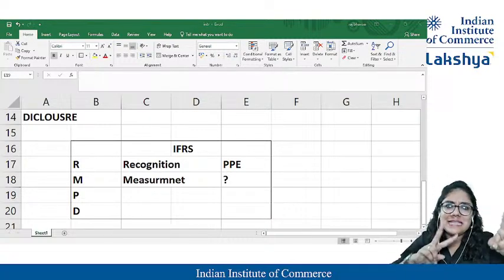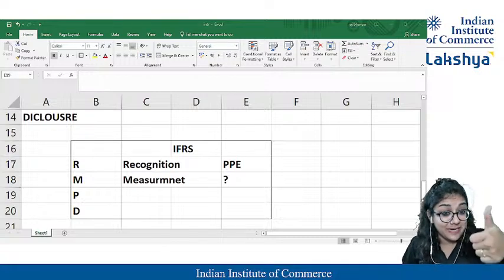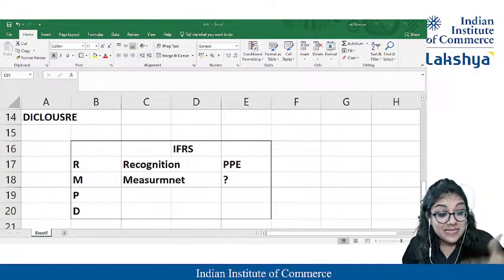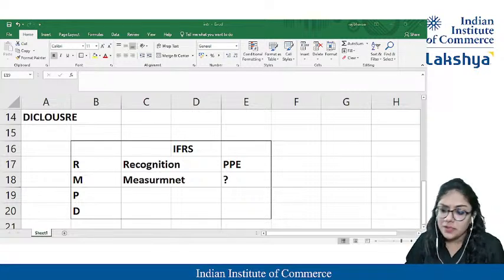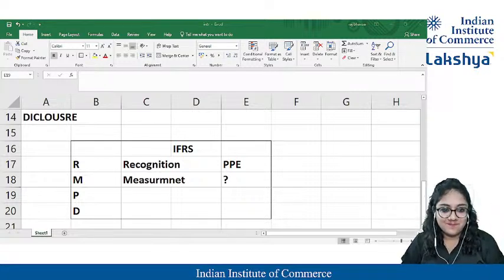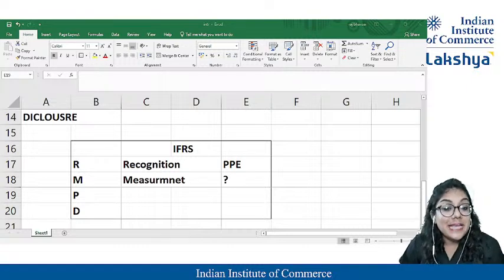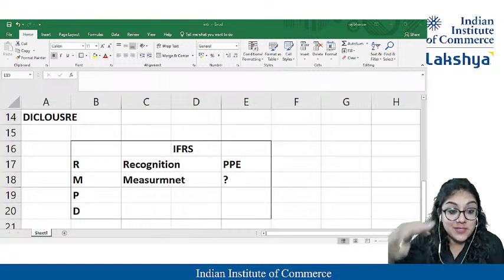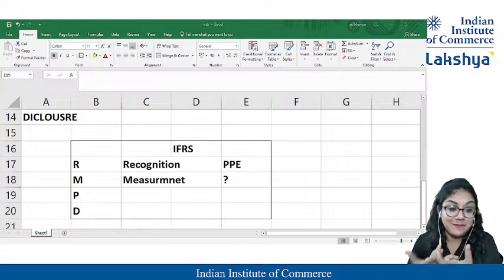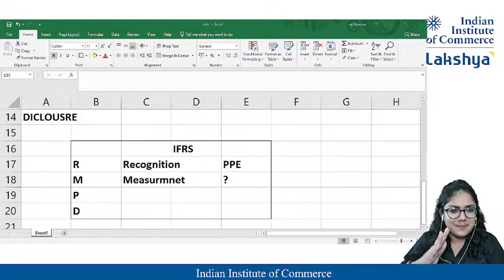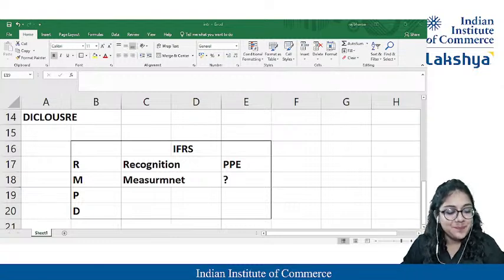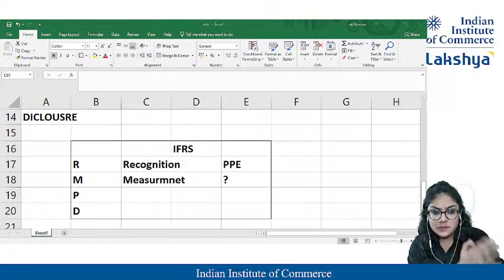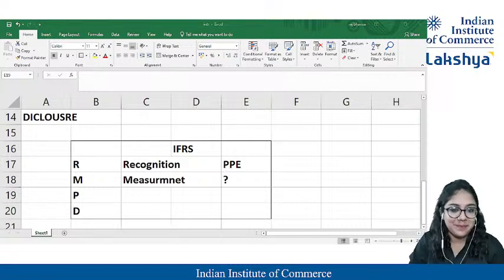If there are any gains and losses, should they be booked in the P&L account? Not at all. They should be booked in other comprehensive income. There is something like a revaluation reserve. That is something we have learned in property, plant and equipment, International Accounting Standard 16. I'm not going into the details of the standard. It's just an overview that I am giving you.